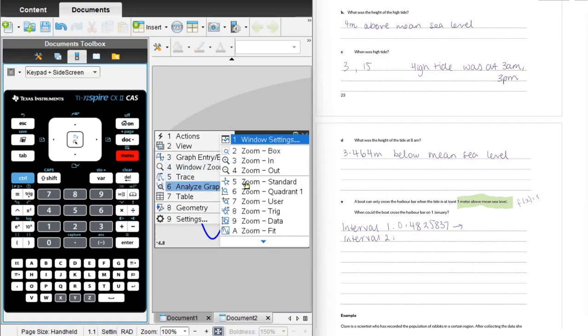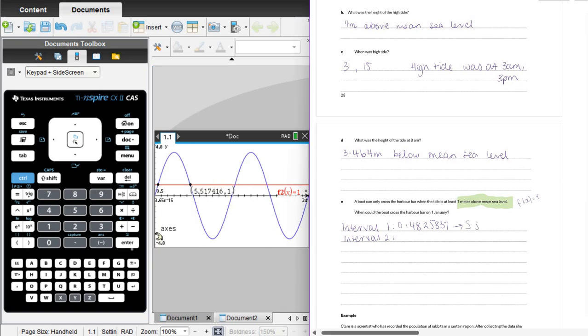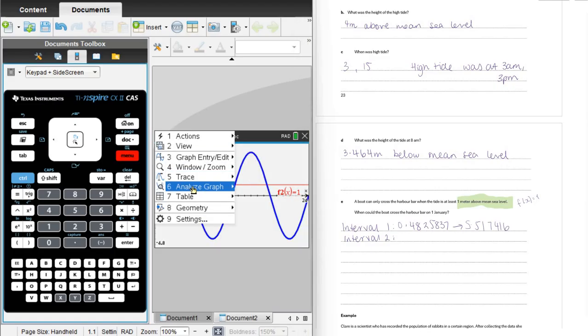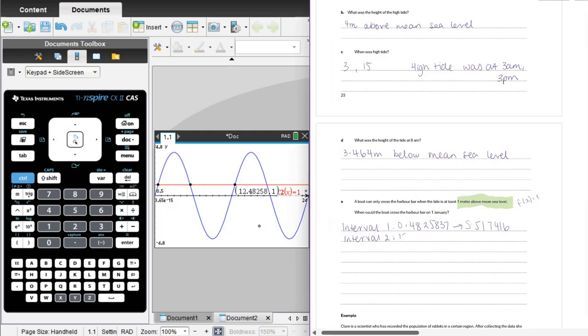The second point of that interval, if I intersect here, was 5.517416. Okay, so to get how many hours that is, we're going to have to subtract. Once again, I've told you earlier that intersection points are just repetitive. What you'll realize as well is that usually one interval is going to be equal to the other interval.